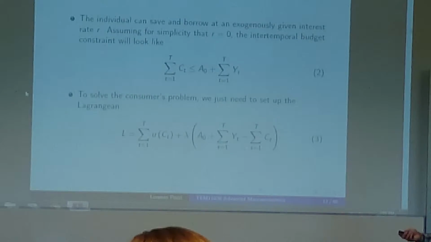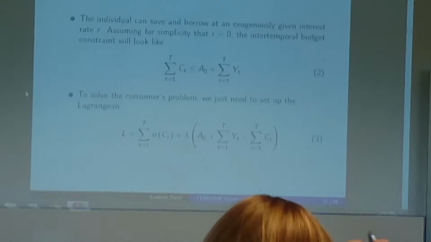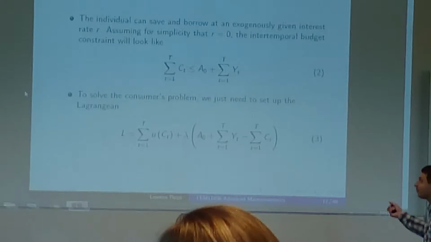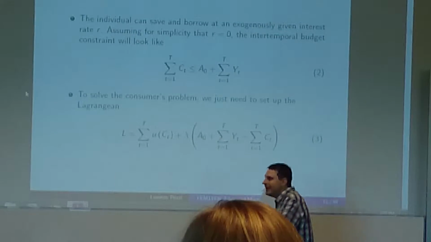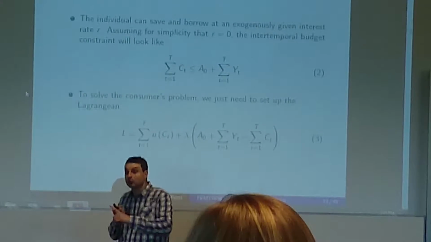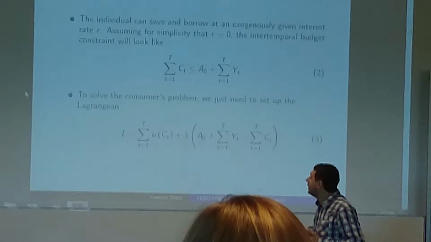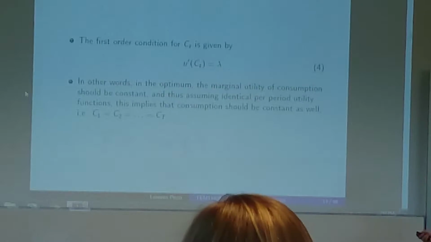We only need to solve the maximization problem once to know what the output looks like. And in this simple case, where you have beta equal to 1, interest rate equal to 0, no bequests, no complications, the solution is very easy.